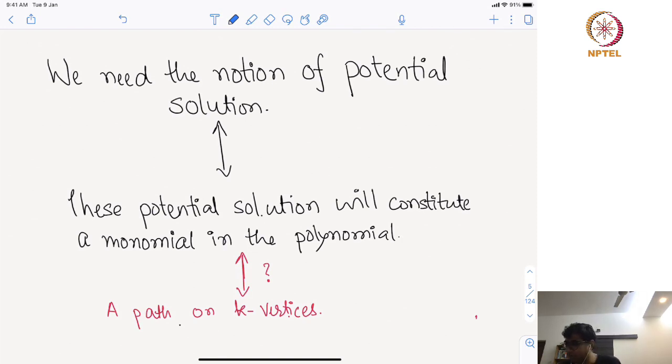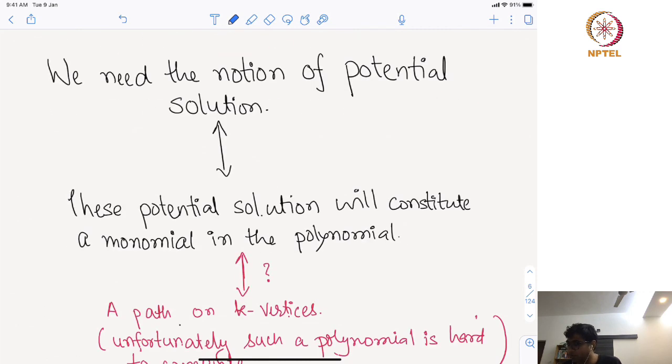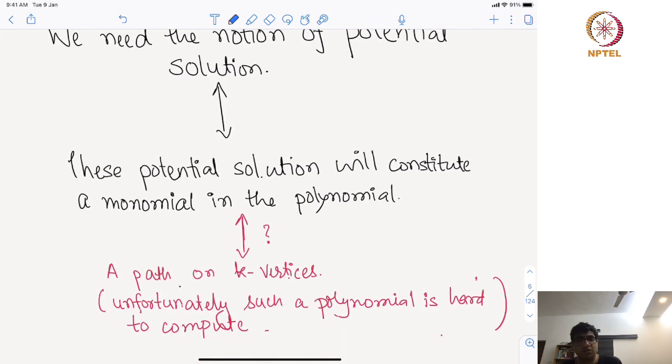But unfortunately, such a polynomial is hard to compute, because in some sense you are talking about finding an algorithm for finding a directed K-path, and if the polynomial itself has a monomial for each K-path, then that kind of polynomial looks a bit hard to compute. So this is just a very big overview.